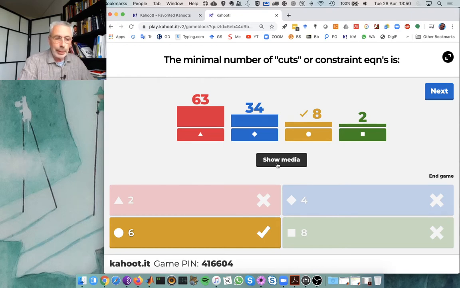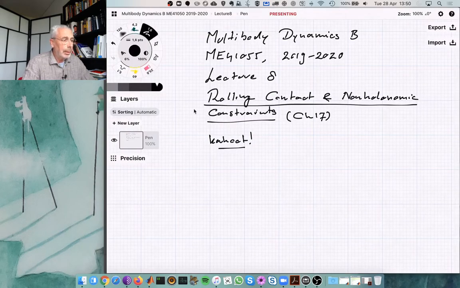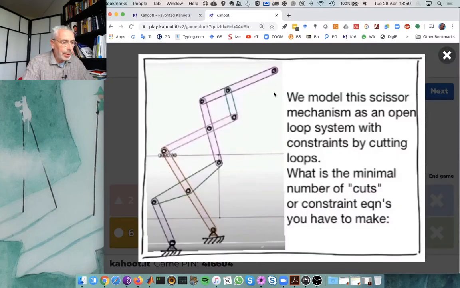So let's look at the structure again. It's a scissor structure, so a number of rigid bars connected by revolute joints, and the big question is how many cuts do we have to make to get an open loop structure?